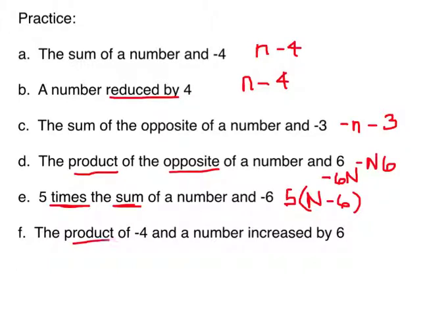F, the product means I'm going to multiply negative 4 and a number increased by 6. So we have a number increased by 6, but we need the product of that and negative 4. So again, I'm going to have to put that in parentheses so that the negative 4 can distribute over both.